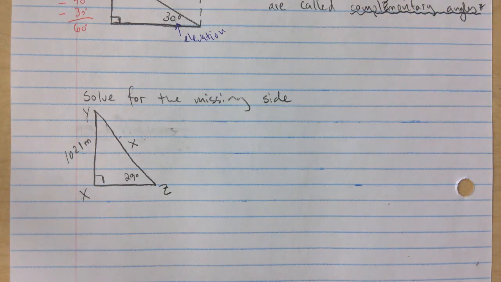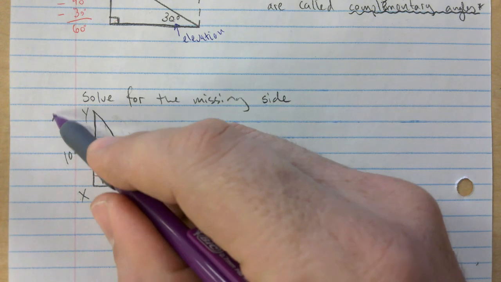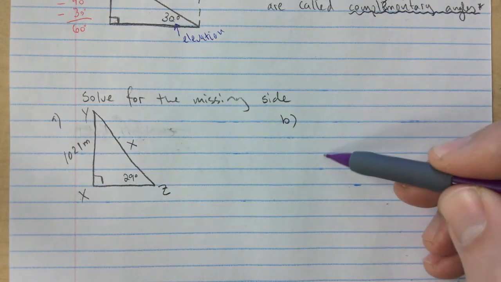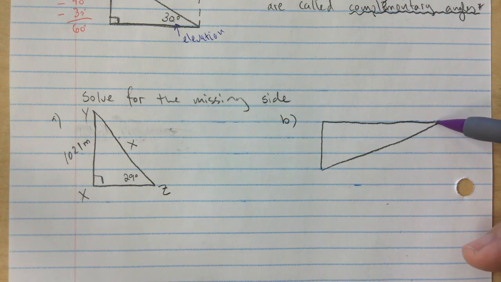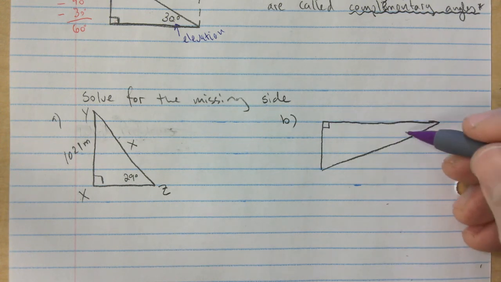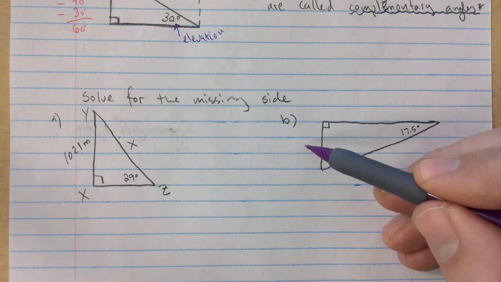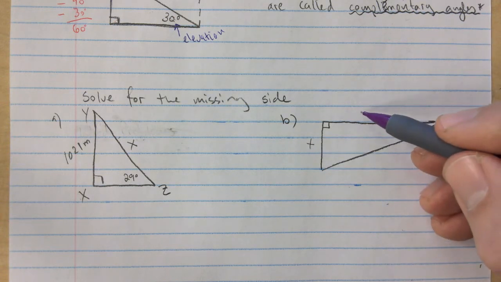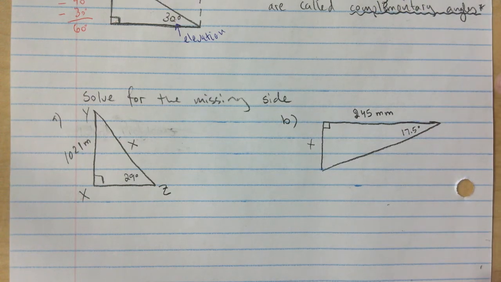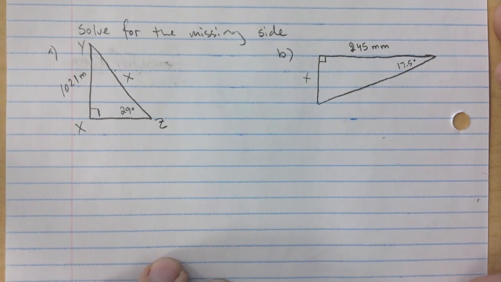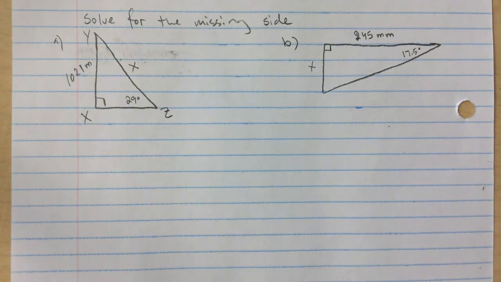Before we do word problems, we'll do one if not two, maybe I'll do two. So I'll call this A, and this will be B. So maybe write them both down side by side. Solve for the missing side.